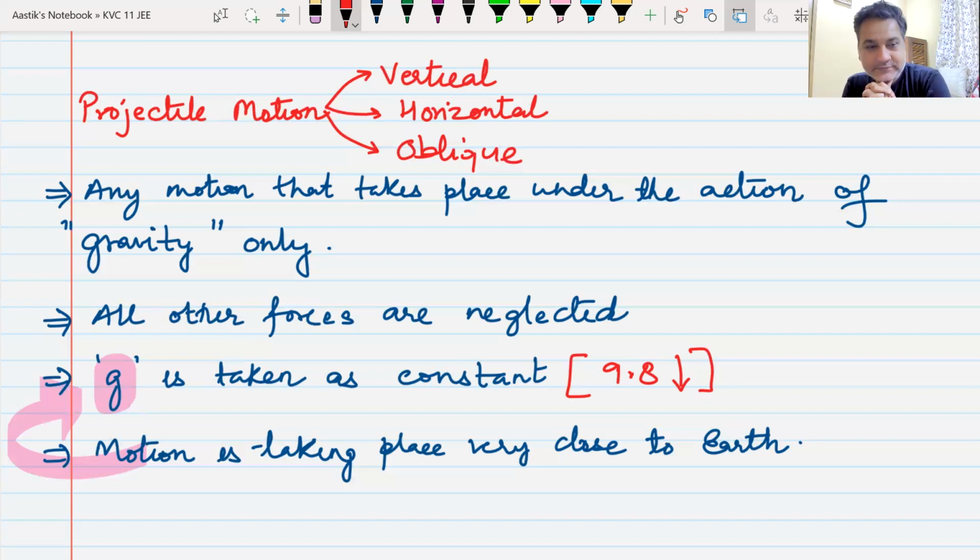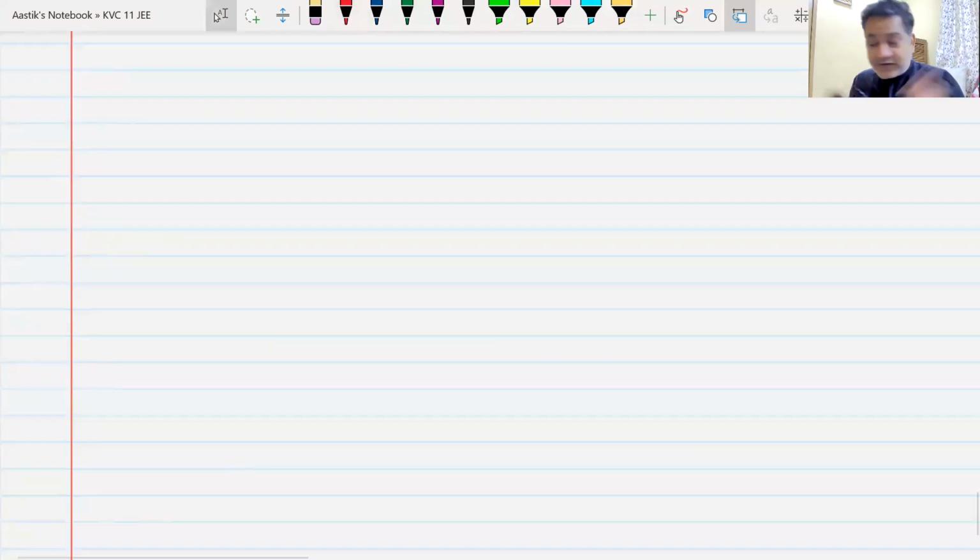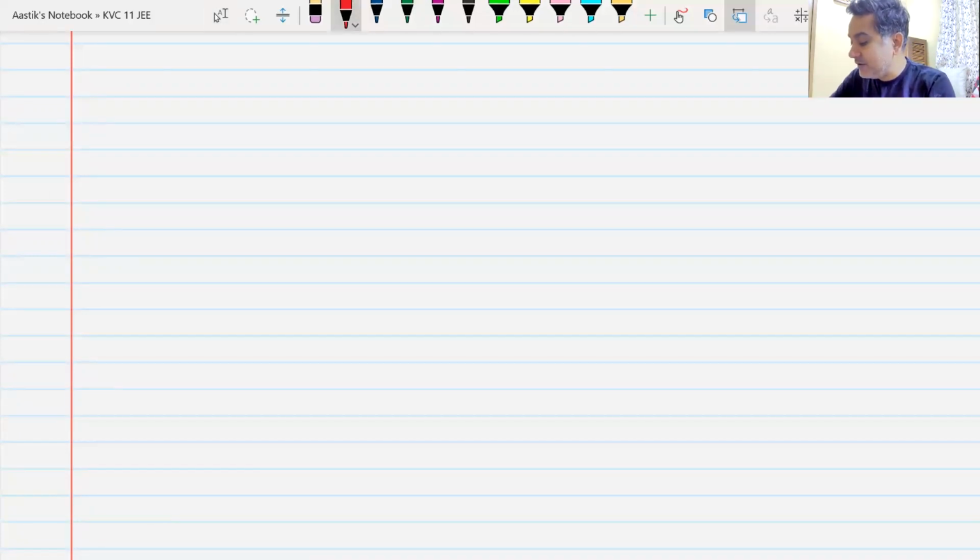Yes or no? No, sir. Okay, I take your words that we have not done it. So the first type of motion, since we have not done this, will be known as the vertical projectile motion.